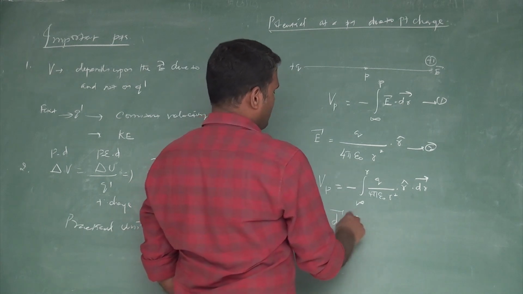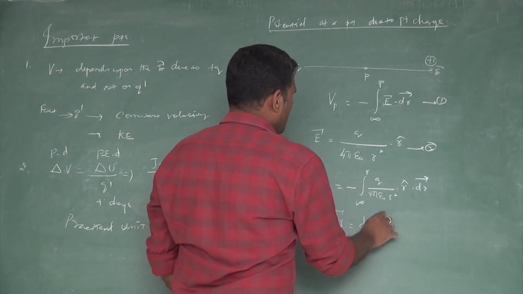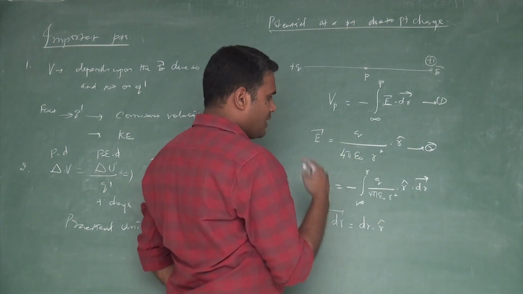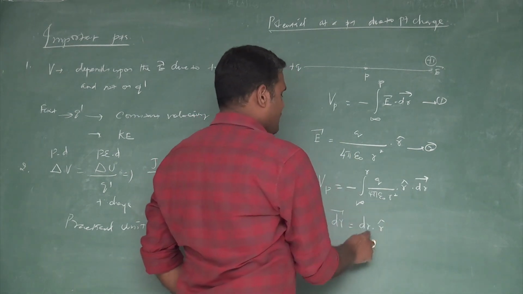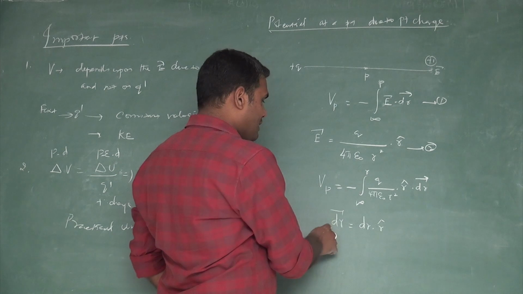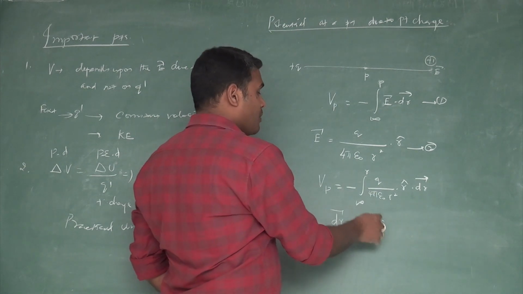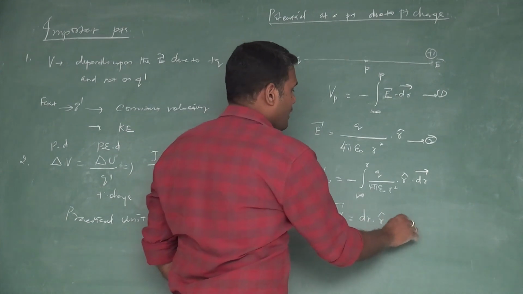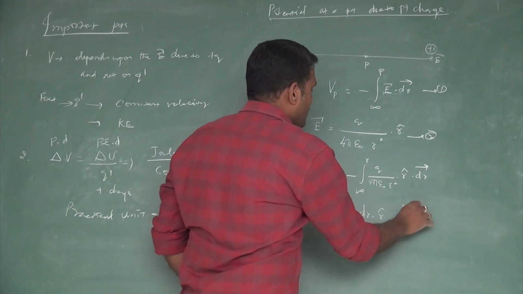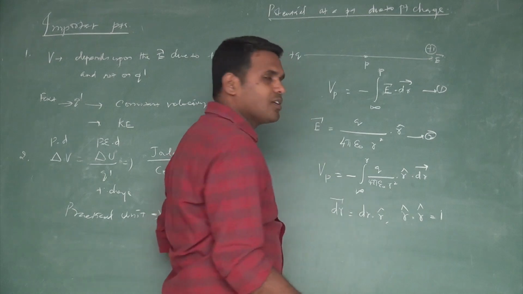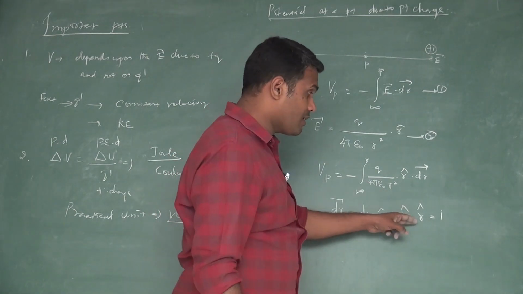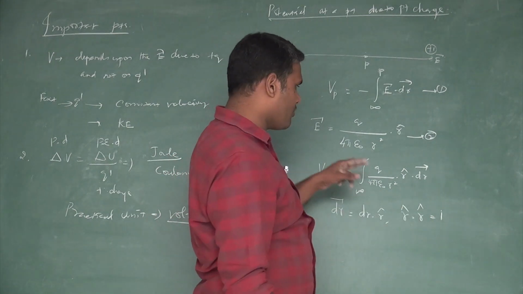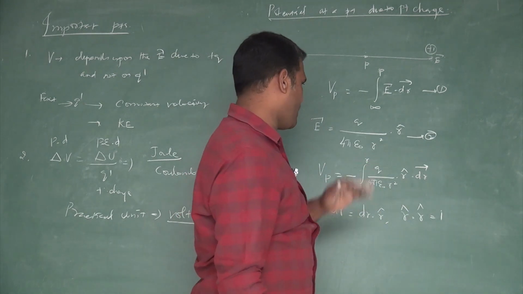It is the product of dr into r cap. As I mentioned earlier, a unit vector is a vector divided by its own magnitude. A vector is the magnitude of that vector multiplied by the unit vector. And the dot product of two unit vectors is equal to 1. r cap dot r cap is equal to 1.